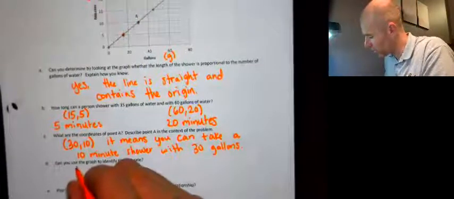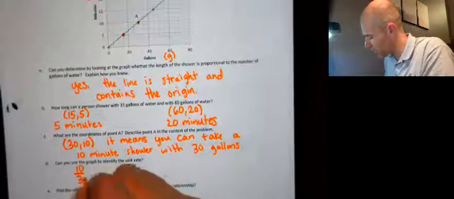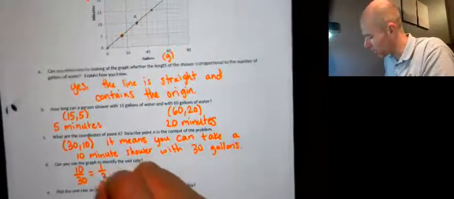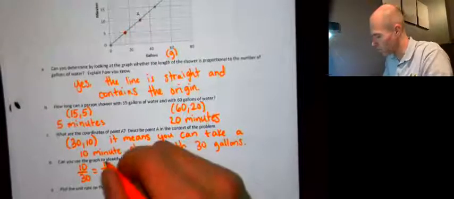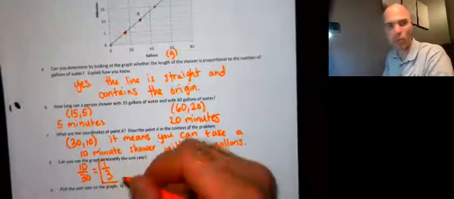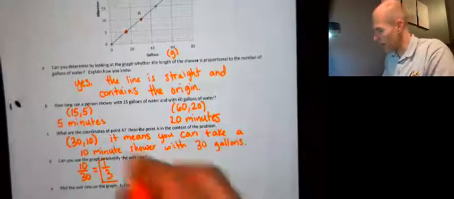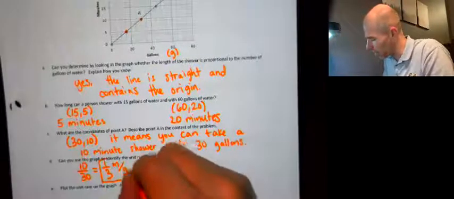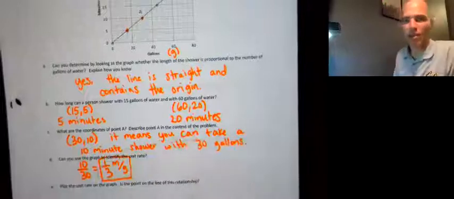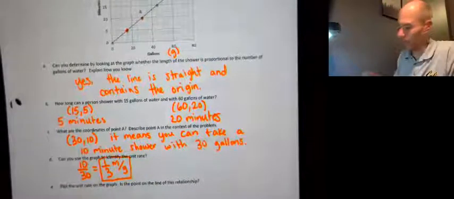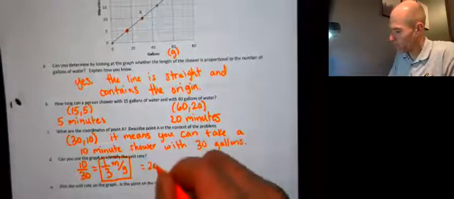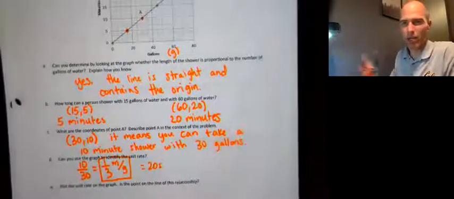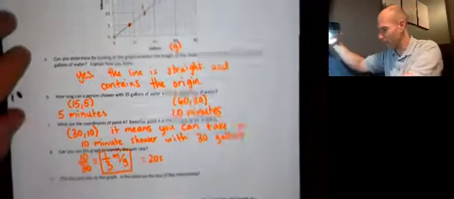So we're going to do 10 divided by 30, but that simplifies down to 1/3. So the unit rate is 1/3. We should put units on it. That's minutes per gallon. You get 1/3 of a minute for every gallon of water you got. 1/3 of a minute is 20 seconds, but we don't need to have that. We can keep it as 1/3 of a minute.